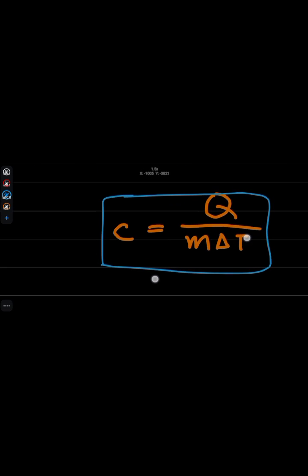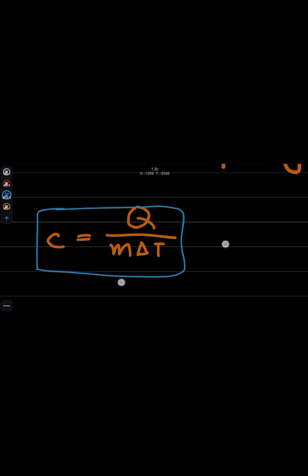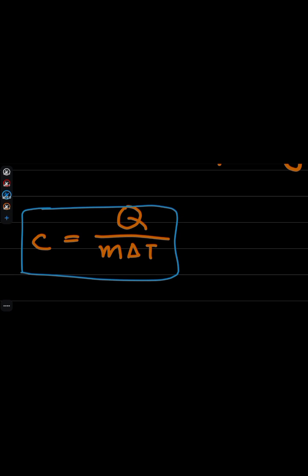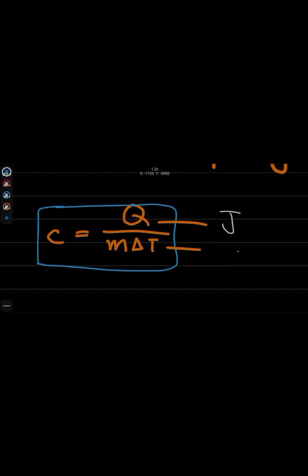Okay, so we can get into the definition after looking at this. First let me talk about the units of these. As I told you, the unit of heat energy supplied will be joules only. But what will be the unit of mass and change in temperature?